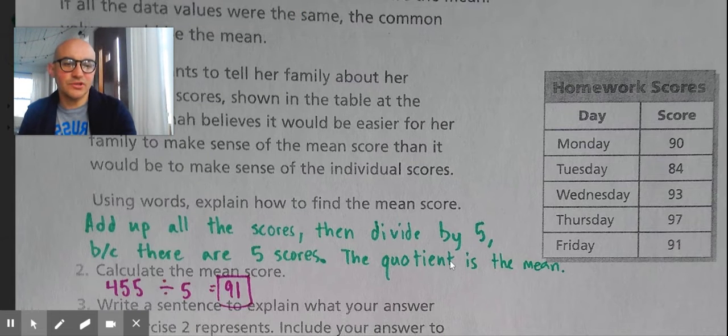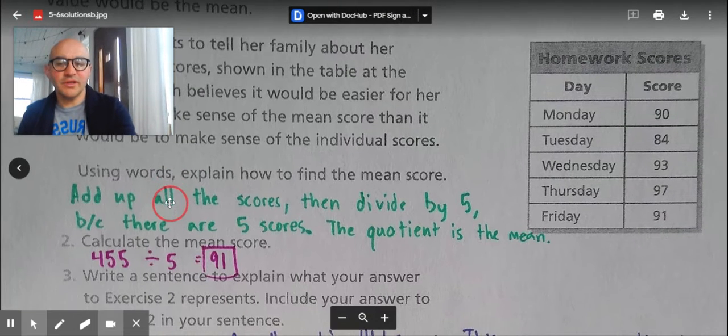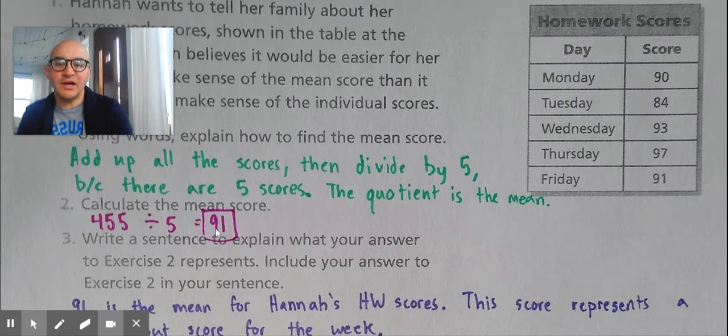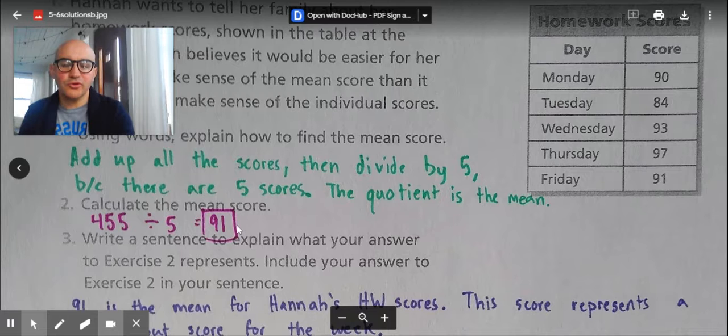That quotient will give us the mean. Problem 2, now we actually do what we just wrote. We add them all up and get a total of 455 points for the week. We have 5 days in the week, so we divide by 5 and we get 91. So her average score for the week was 91.